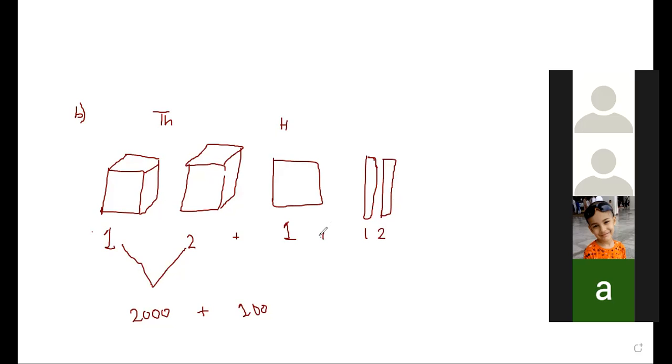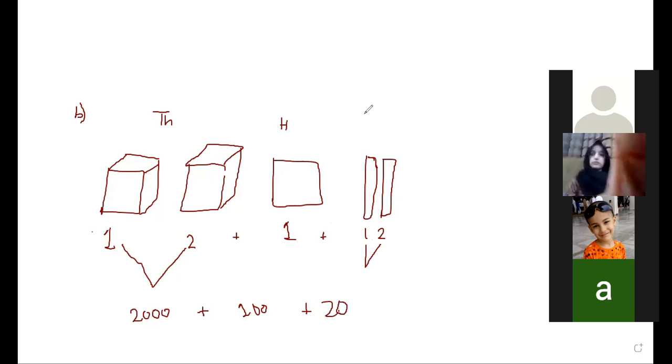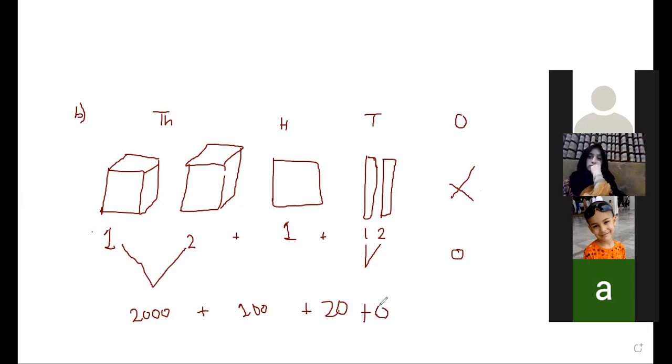So if I add them, I get 2 tens. Tens means how many zeros in a ten? 1 0. Now the turn of units, ones. In ones, I don't have anything. So here I'm going to write 0. If I add up all, what do I get? 2120.